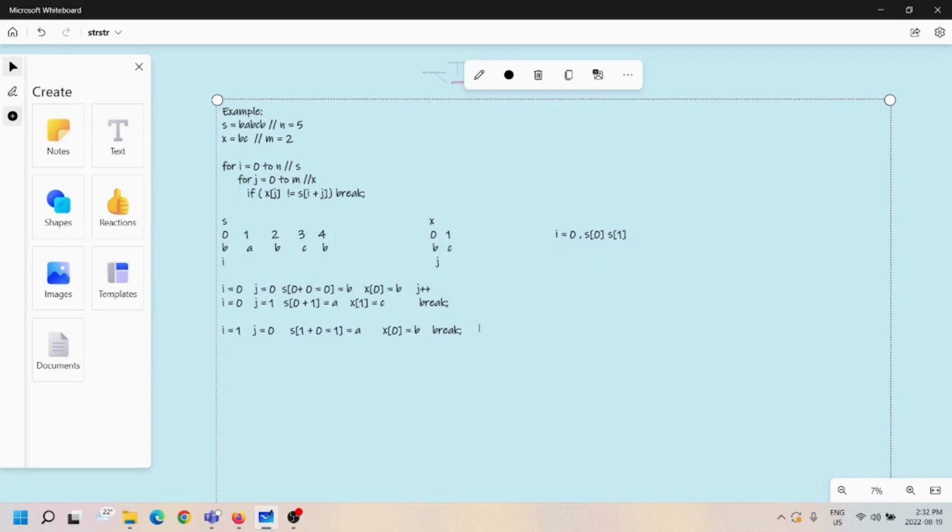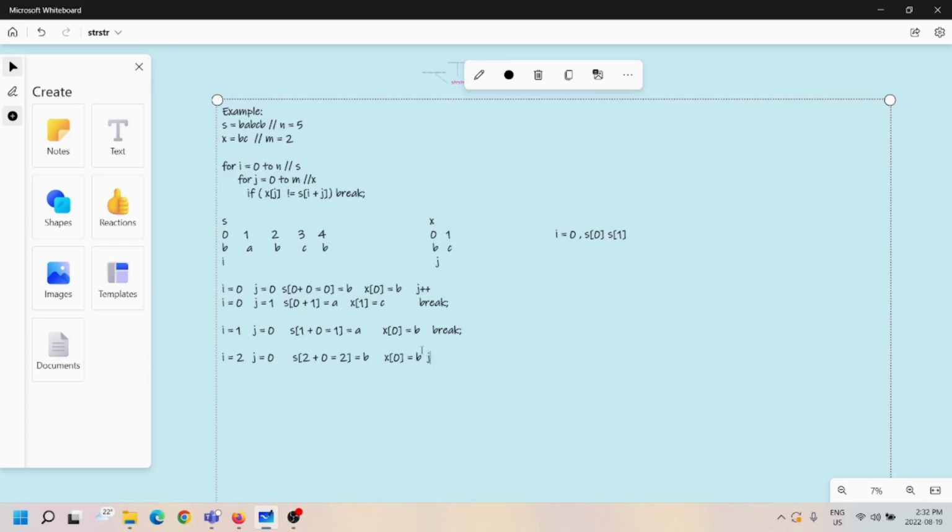Now moving forward, I incremented because J stopped. Now I incremented to 2. J became again 0, and now again the same comparison. S of what? I is 2, J is 0. That gives us 2. Now S of 2 is what? S of 2 is B. And X of J, which means 0, is what? B. We found the match.